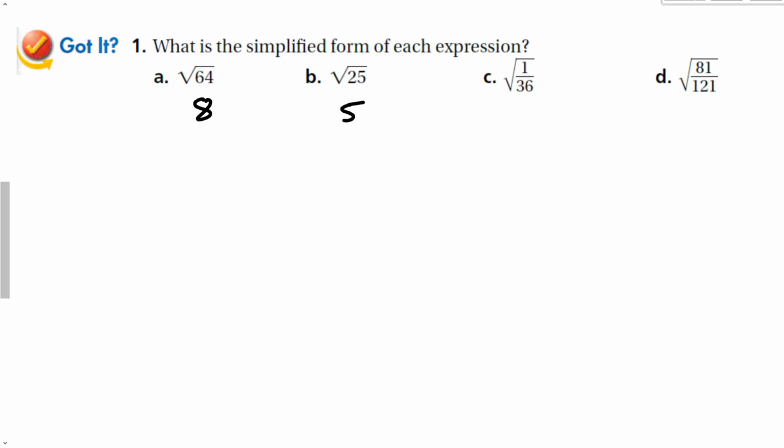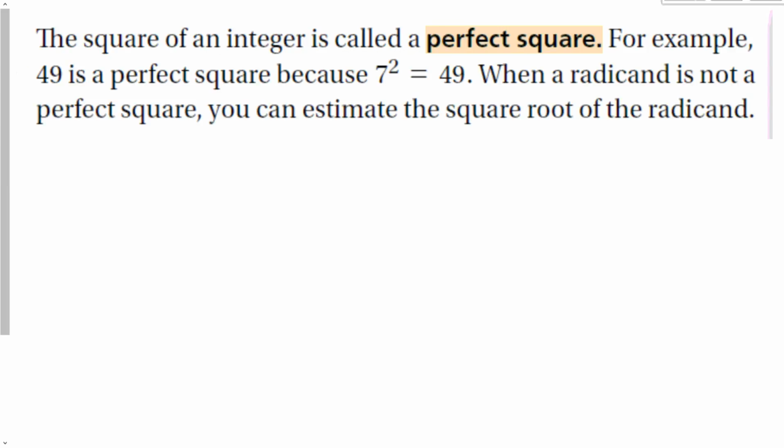So the numerator, if I take the square root of 1, I get 1 over the square root of 36, which is 6. And again with letter D, we have 81 over 121. 81, we've done that already, and hopefully you know that 11 times 11 is 121. So there are my 4 got it problems.